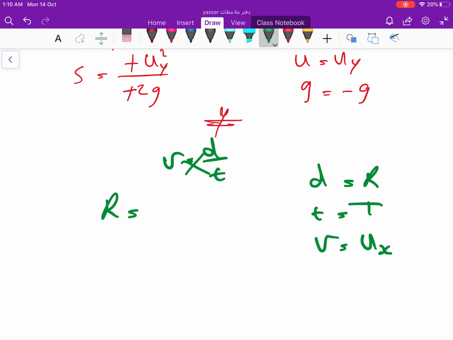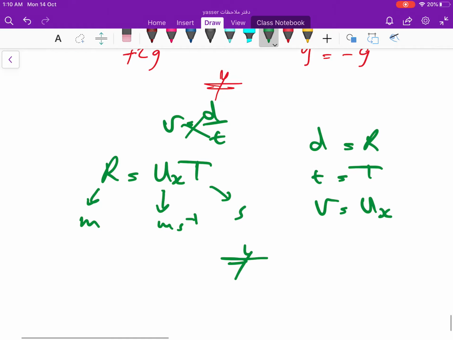Range is equal to ux times T. Capital T is the time of the flight in seconds, ux is the initial horizontal velocity, or the horizontal component of the initial velocity in meters per second, and of course the range is in meters.